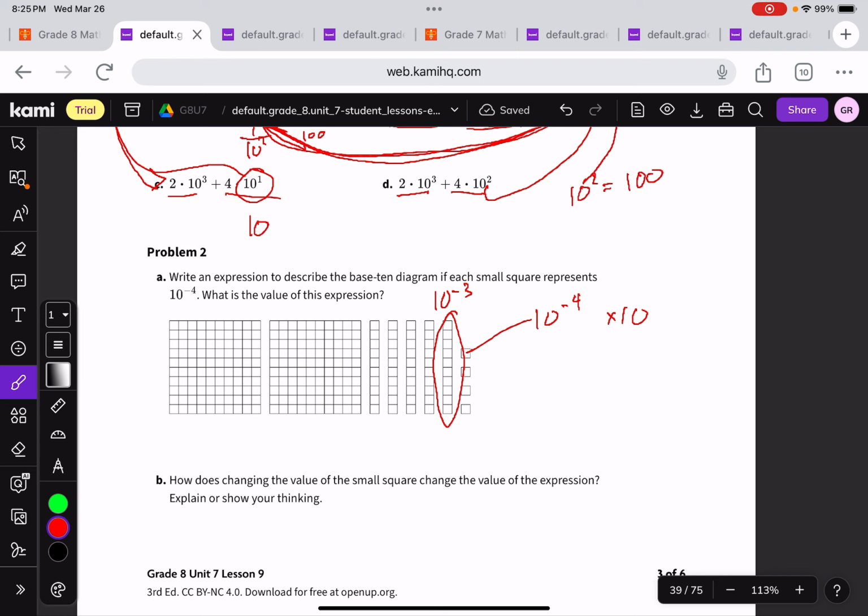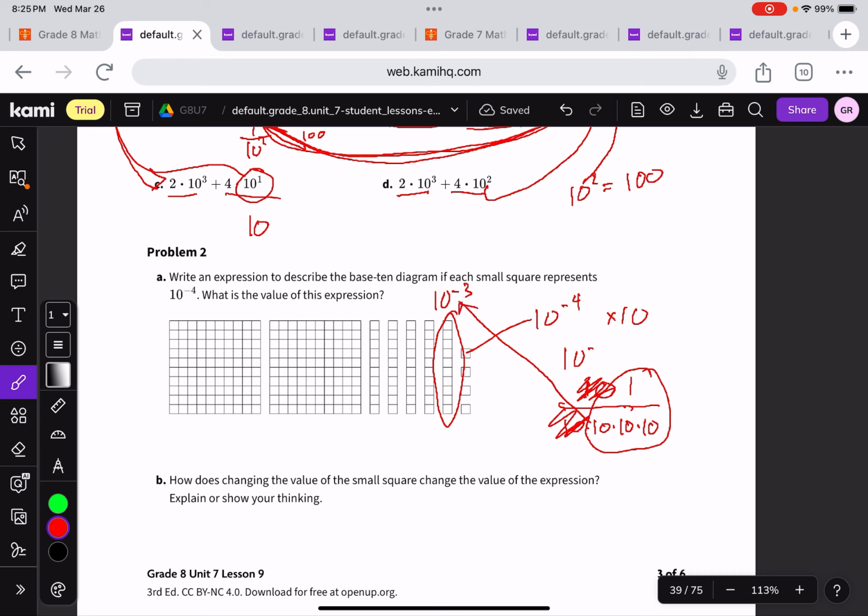I'm not sure if I explained that really. 10 to the negative fourth, by the way, is 1 over 10 times 10 times 10 times 10. Times 10 means I put a 10 on top, which means this one and this one can cancel, which means I'm left with 1 over 10 to the third, which is why I wrote that right there.